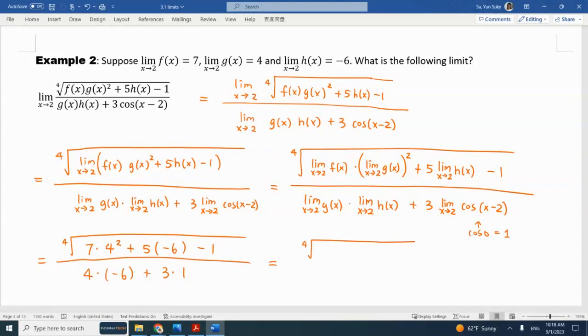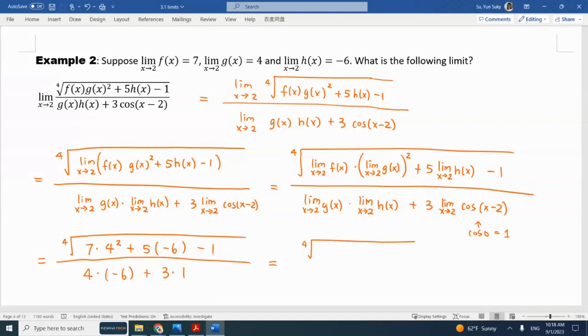Right, everybody? 112. Oh, this is minus 30. Okay, minus 30, which is 82. And then minus 1. 81. Fourth root of 81. Yeah, very good. It's 3.